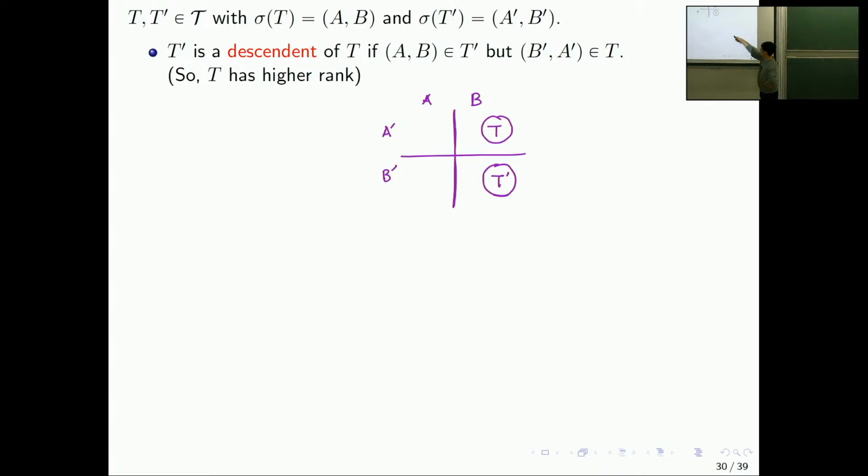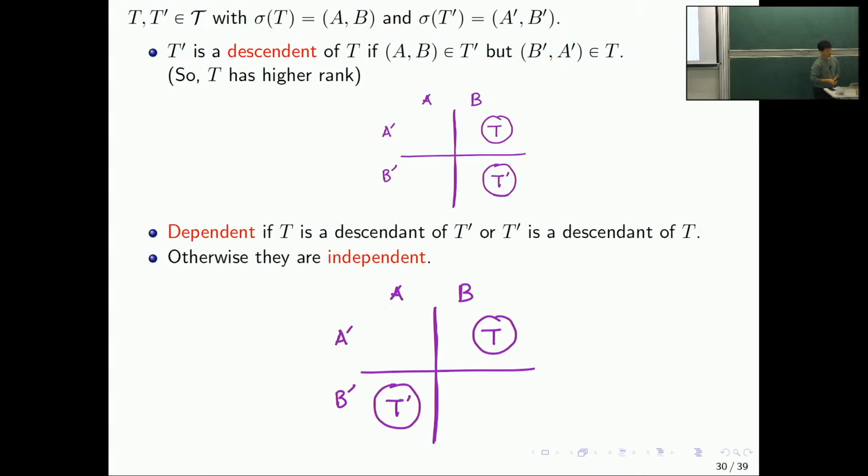So T prime was first excluded, and then later on T was excluded, and the part containing T contains T prime. So T prime should have a smaller rank. So there is some relation between them. If one is a descendant of the other, then we say that they are dependent, and otherwise independent.